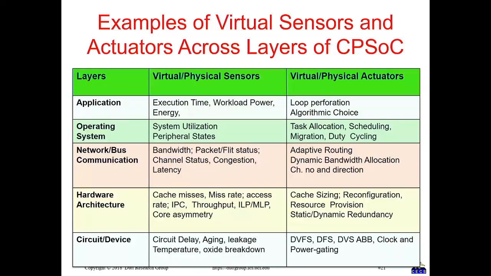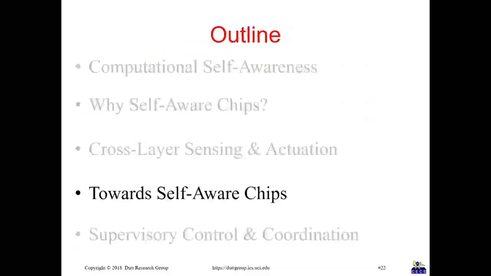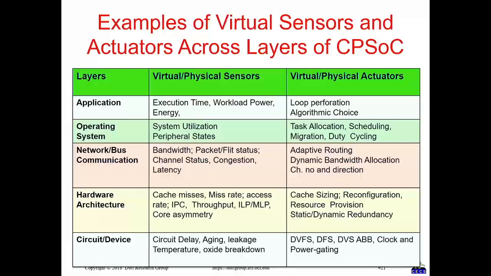And the actuations that you might do are physical things such as DVFS, DFS, adaptive body biasing, et cetera. You might move up the stack and you might go to, let's say, the network or bus level. And here you might have something where you're looking at bandwidth, packet flit status, channel status, congestion, et cetera. And the actuations might be at something like adaptive routing, bandwidth allocation, channel number, et cetera.